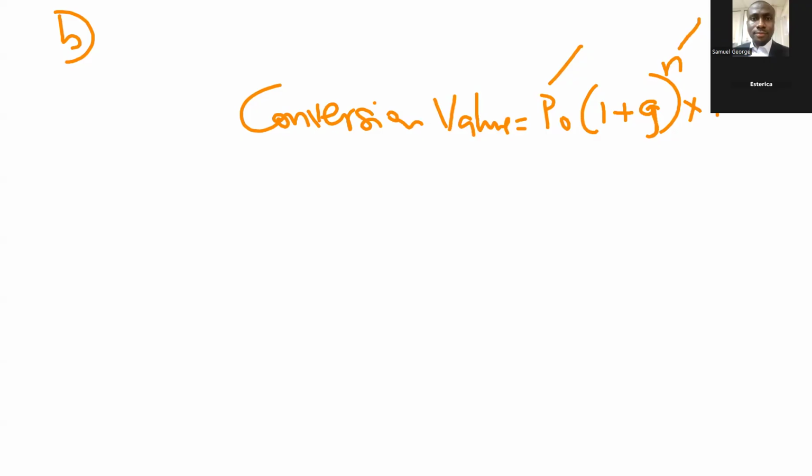But we do not have the conversion value. But we have something: we have 960, the current price of the convertible security. So that can be used.